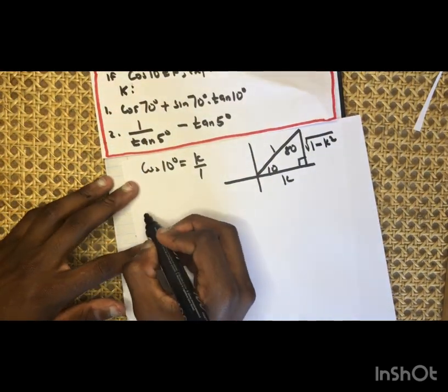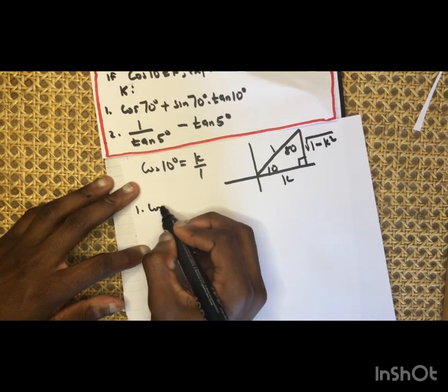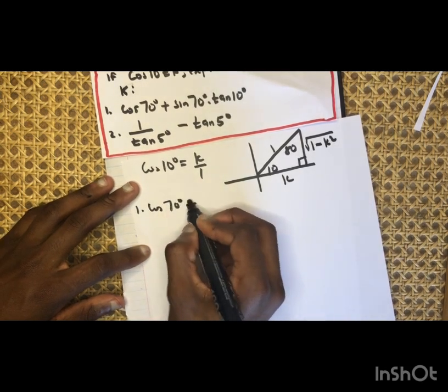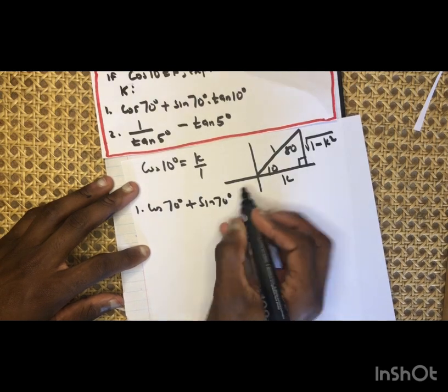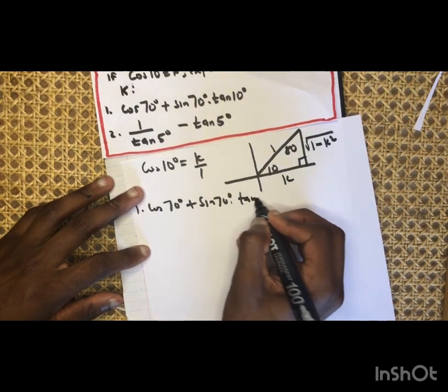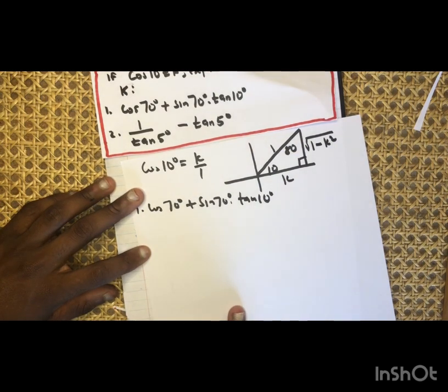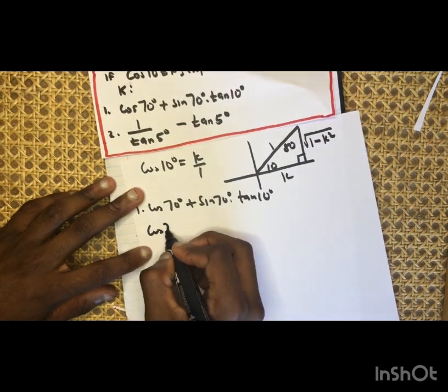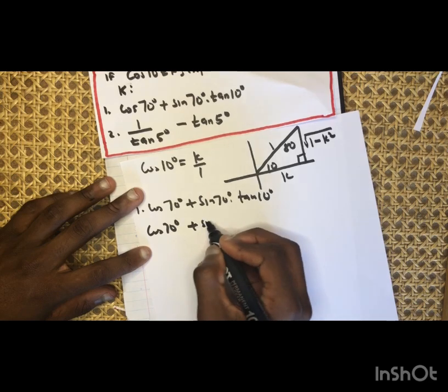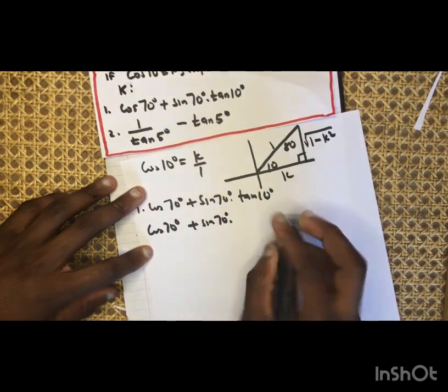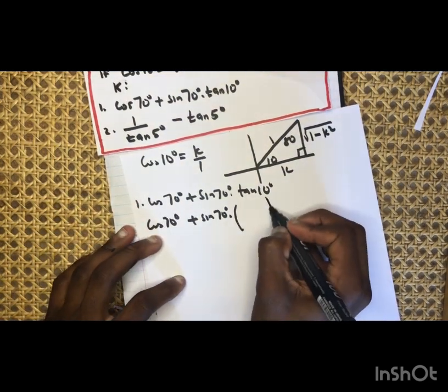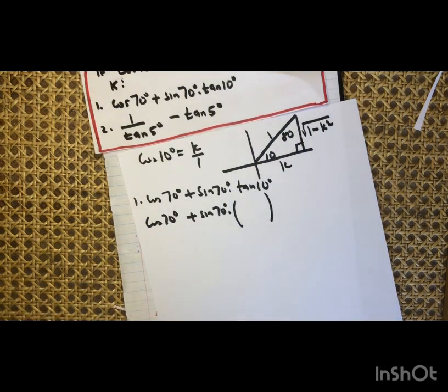So I have number 1, I have cos 70 plus sine 70 times tan 10. So guys, we don't have 70 here, so I'm going to keep my cos 70 and the sine 70 and change tan, guys. Remember your quotient identity.